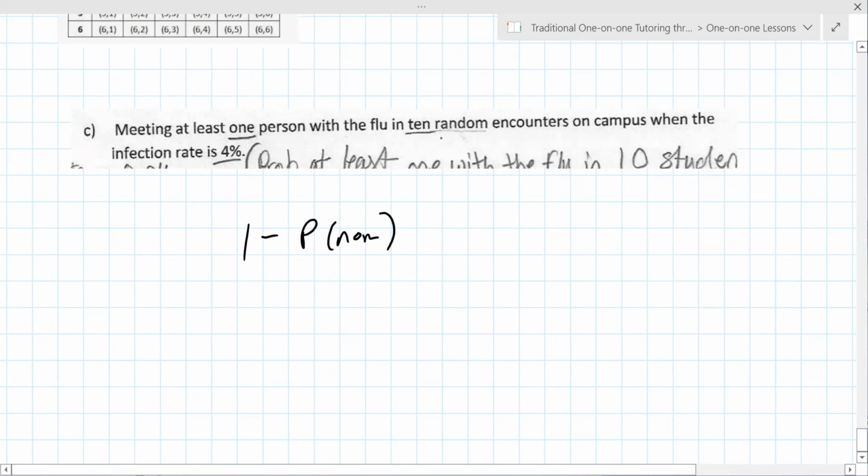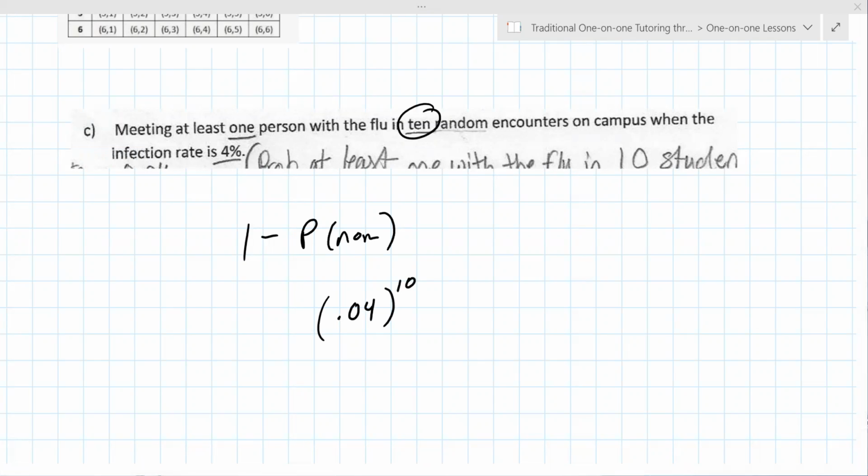But it's in 10, so that comes later. The probability of the flu is 4%, and then 10 people would be to the power of 10. And then you would do 1 minus that. Now I see you did 0.96.